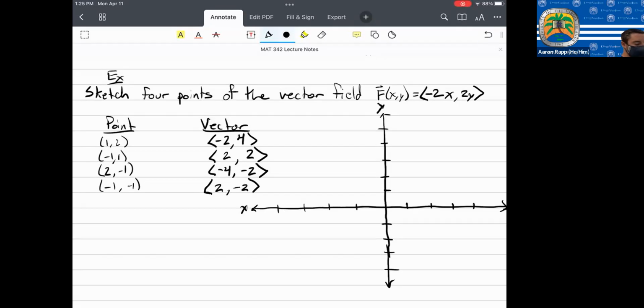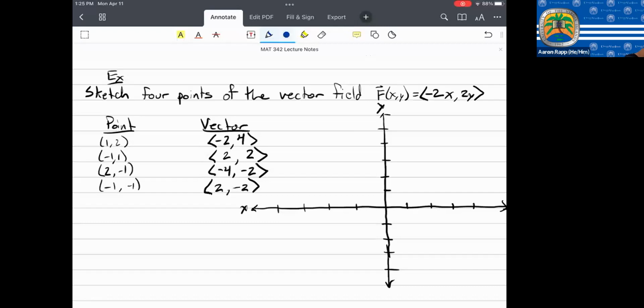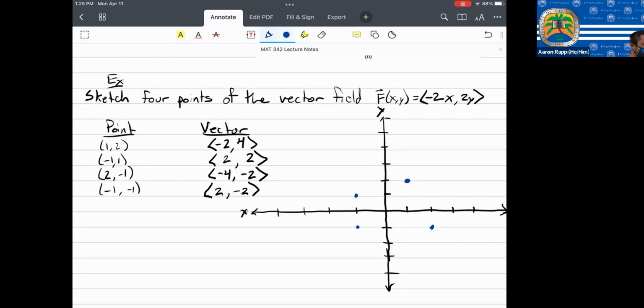Roughly evenly spaced. So I'm going to go through and mark all my points. I had 1, 2. I had negative 1, 1. I have 2, negative 1, and then negative 1, negative 1.